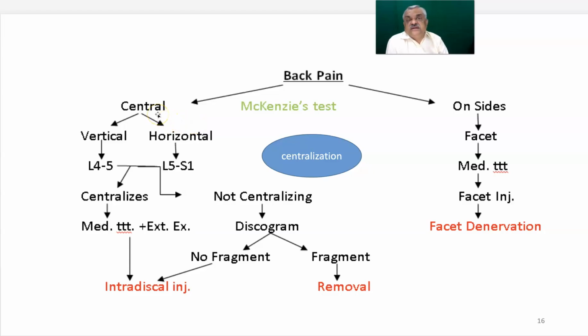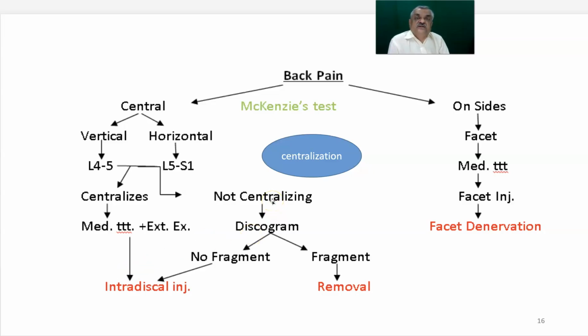Then the pain could be central or in the axial skeleton, and it could be vertical, commonly associated with L4-5, or horizontal like a belt along the belt area of the back, which is commonly with L5-S1 disc related pain. This pain may centralize, that is on extension, the pain may come to the center and localize to a spot, in which case we follow a medical treatment or at the most an injection inside the disc to take care of the inflammation.